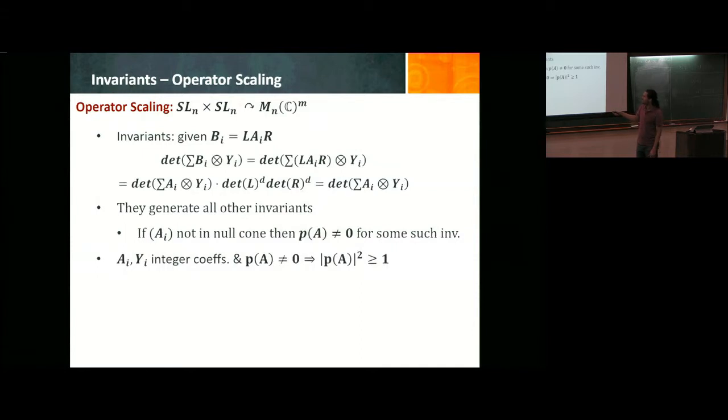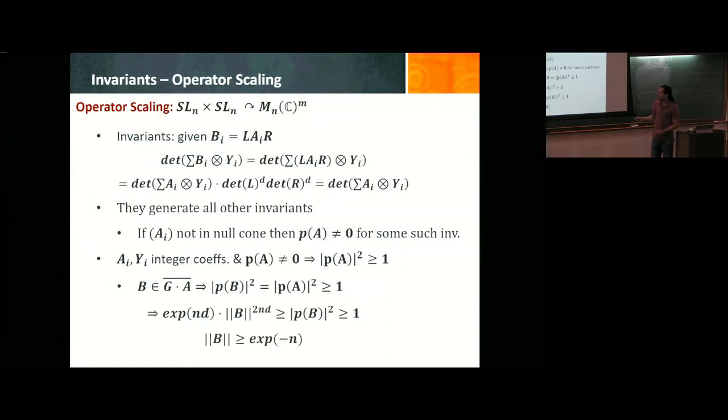Again, if P(A) is different from 0, then the norm of P(A) is bigger than 1. So if this invariant doesn't vanish, its value is really large. And again, we can follow the same template. For any b in the orbit closure, the value of P(B) is bigger than 1, and this implies that the norm of B should not be small. So what is the point of this slide?